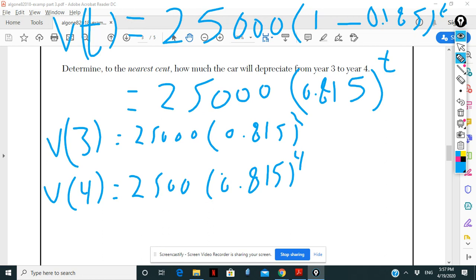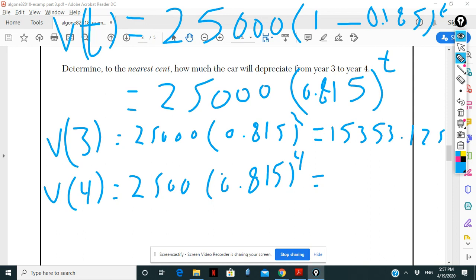0.815 to the power 3 is 0.614 times 25,000, giving me a value of 15,354.125.